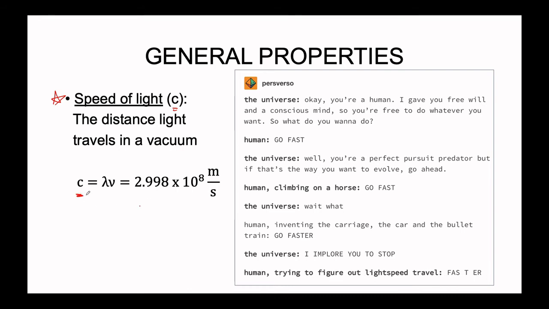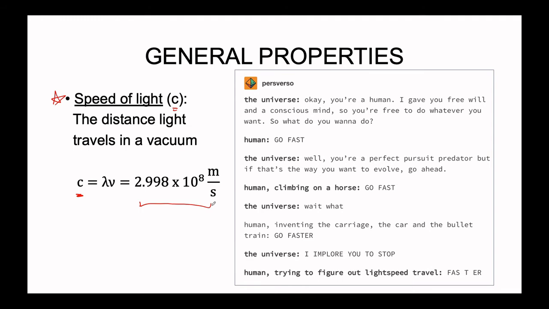Our speed of light c is equal to 2.998 times 10 to the 8 meters in every second. So for every 1 Mississippi, some wavelength of light has traveled 30 million meters. That is an incredible distance.